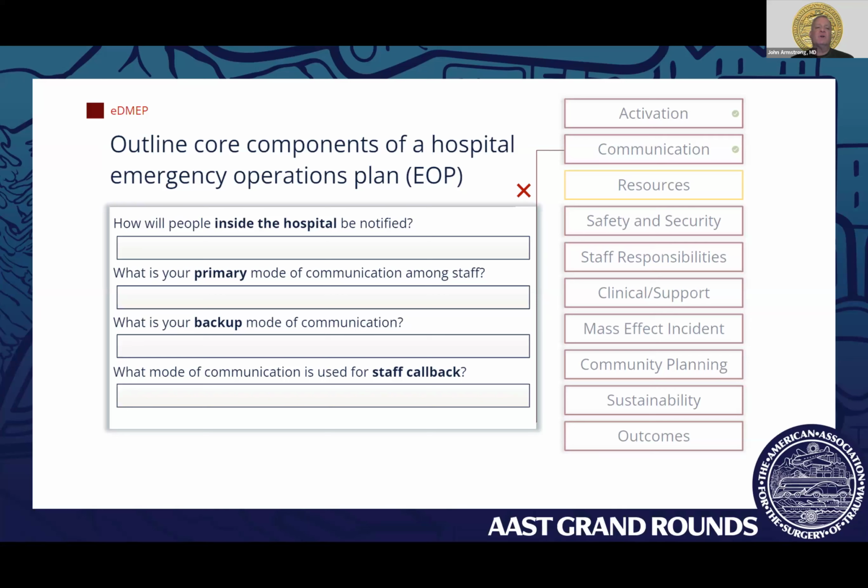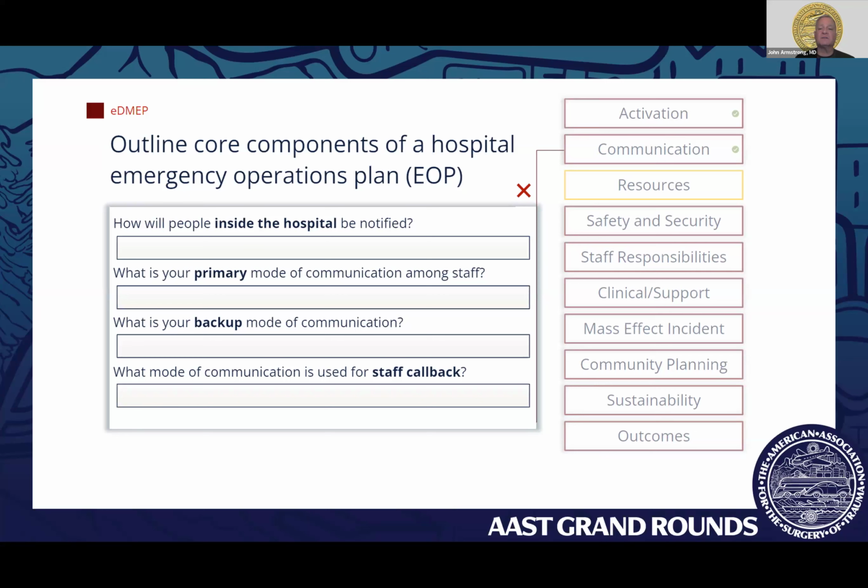Looking at the emergency operations plan, again, across the 10 core functions that you see on the right, E-DMEP gives the learner the opportunity to answer some of these questions about what is needed for communication in this example. So how will you notify people inside the hospital? And how do you intend to communicate with staff? And what's your backup mode?